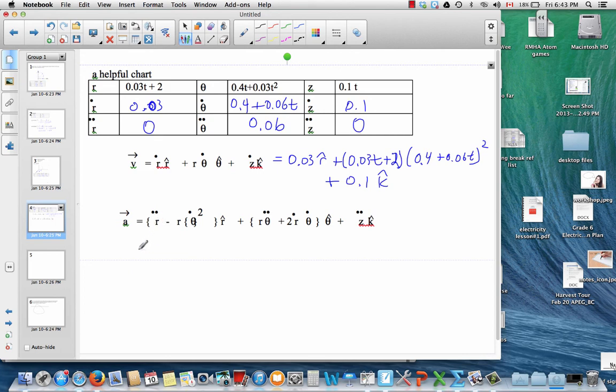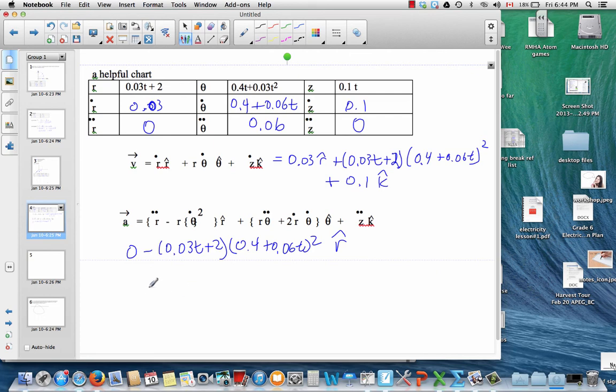Okay, then for the acceleration, there's nothing in z. Then again, we've got this complicated expression, r times theta dot squared, and so that's the radial acceleration.